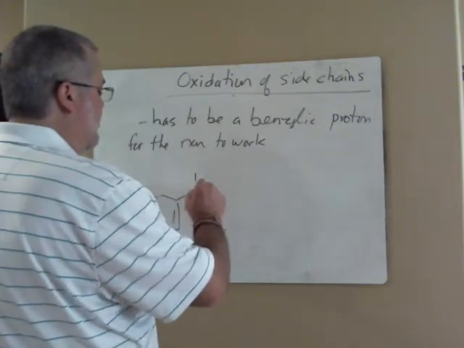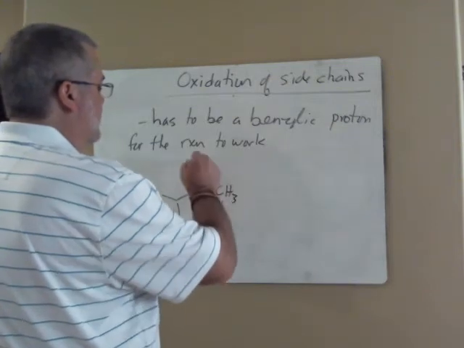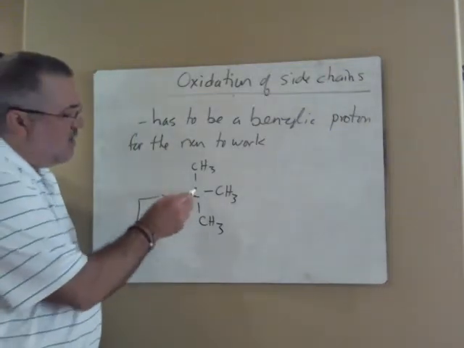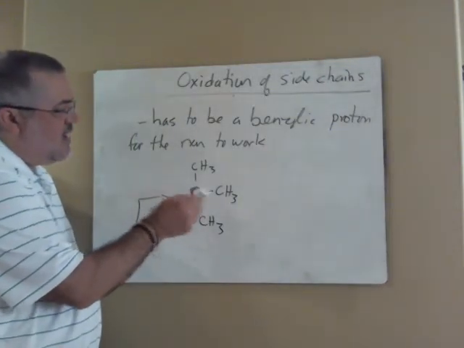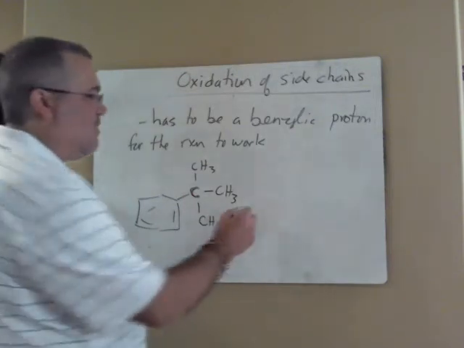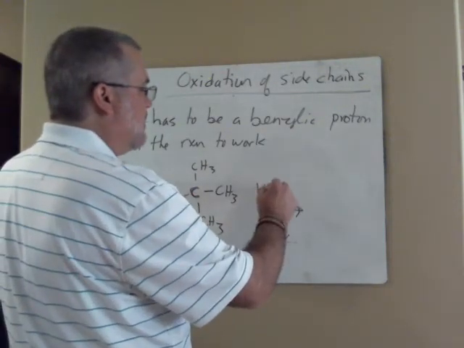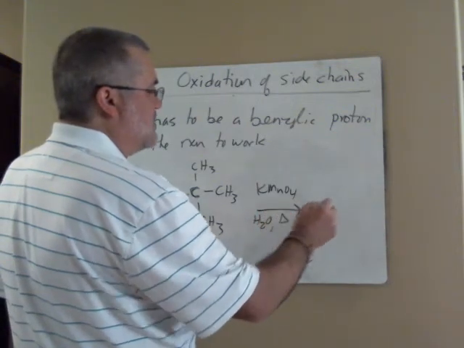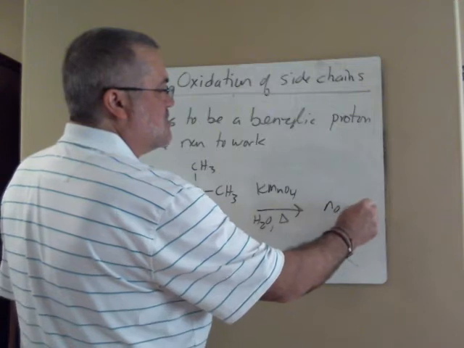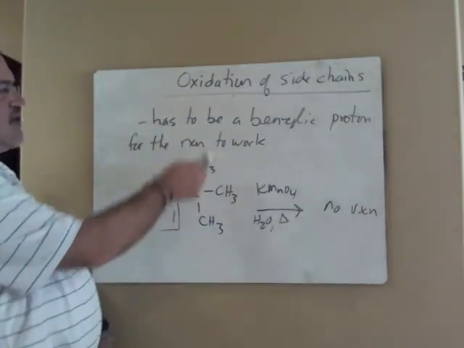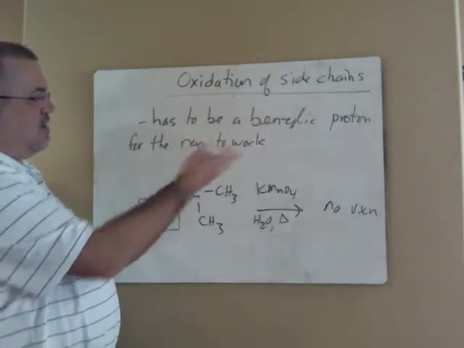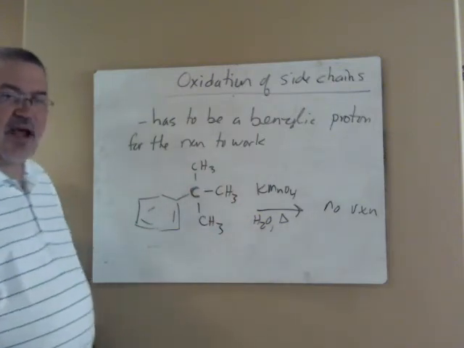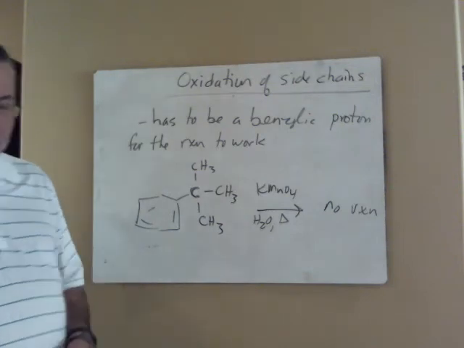So for example, if you had this tert-butyl group attached to your aromatic ring, here your benzylic carbon has no H. And so therefore, if you went to try to do this oxidation of that position, you would get no reaction. Okay? So the reaction, if it has the benzylic proton, it'll actually give you the benzoic acid. If you don't have it, it gives you no reaction. So there are really only two possibilities.